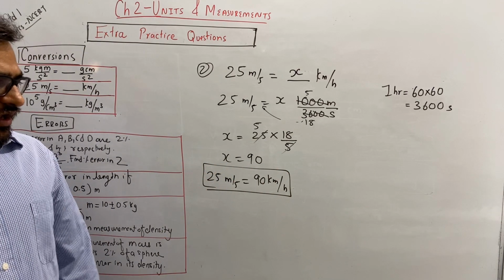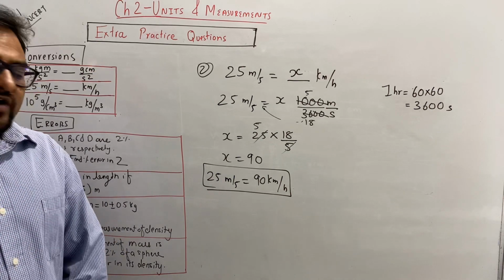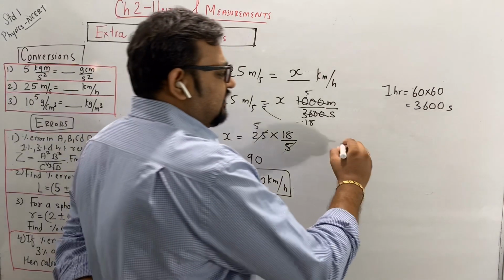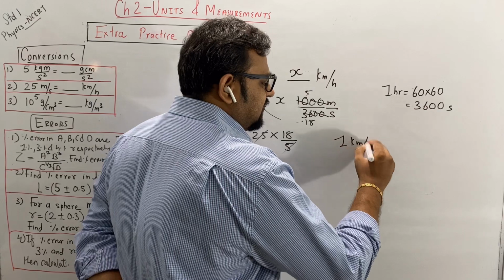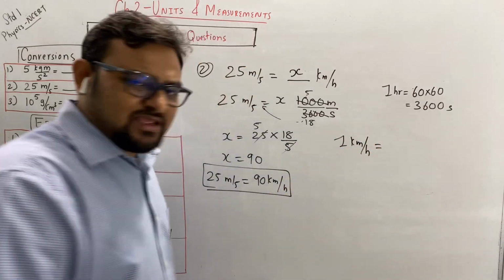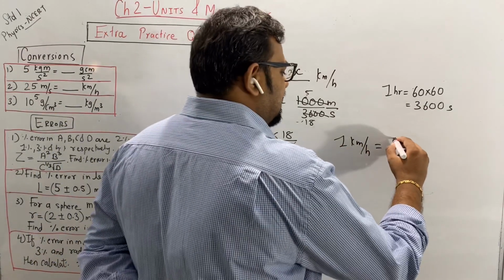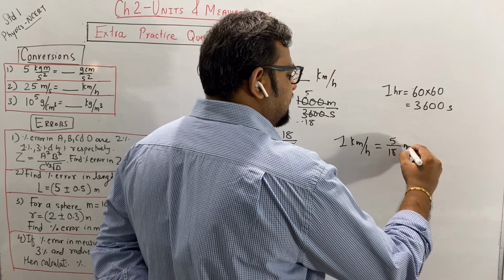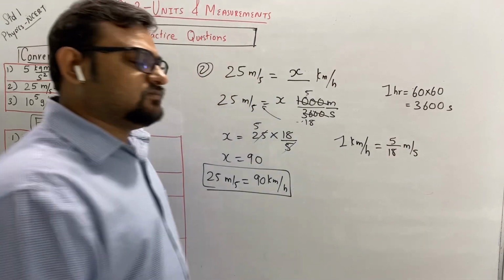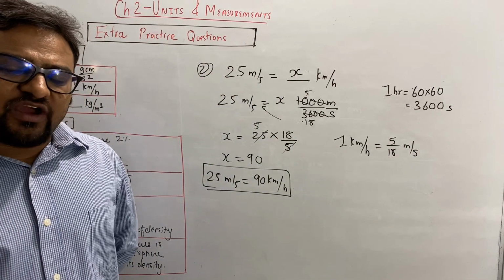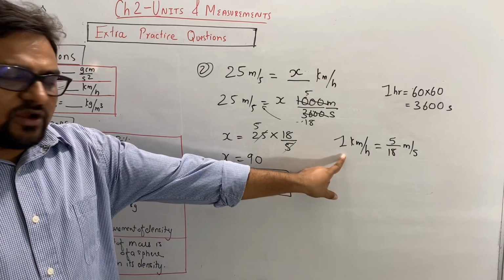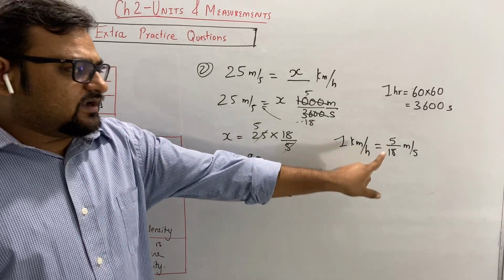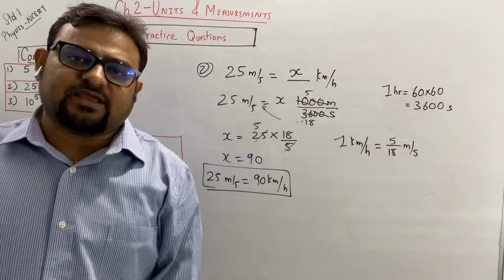Clear? Okay. Now, time for the shortcut. 1 kilometer per hour is equal to 5 by 18 meter per second. Clear? So if you are given 10 kilometer per hour, that will be equal to 10 into 5 by 18 meter per second.